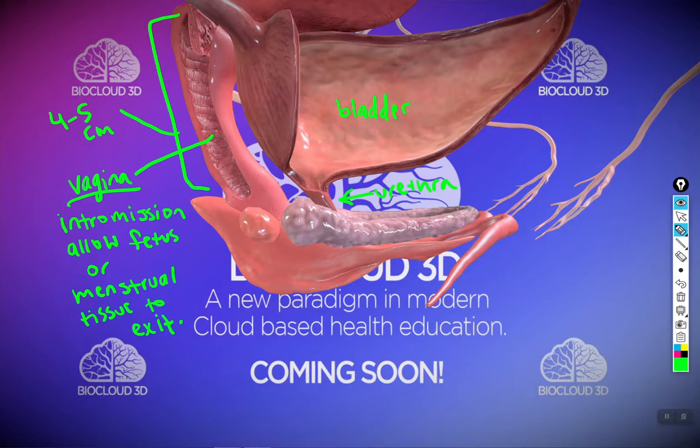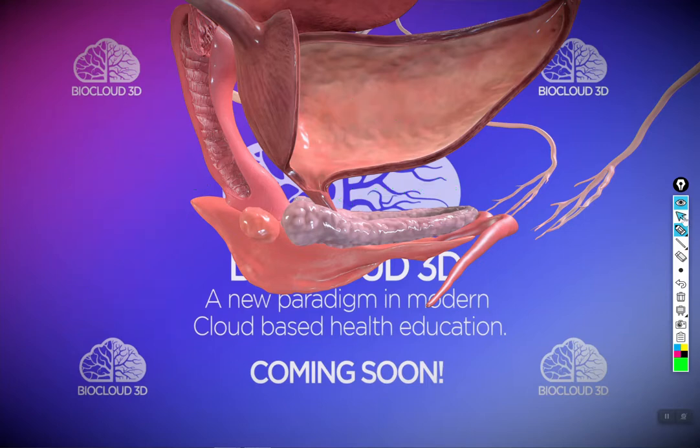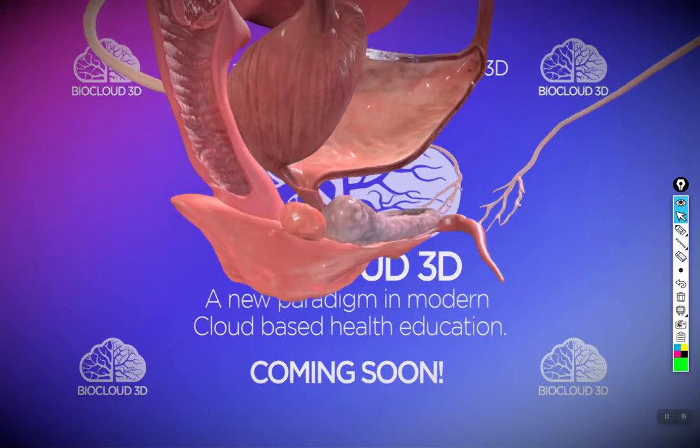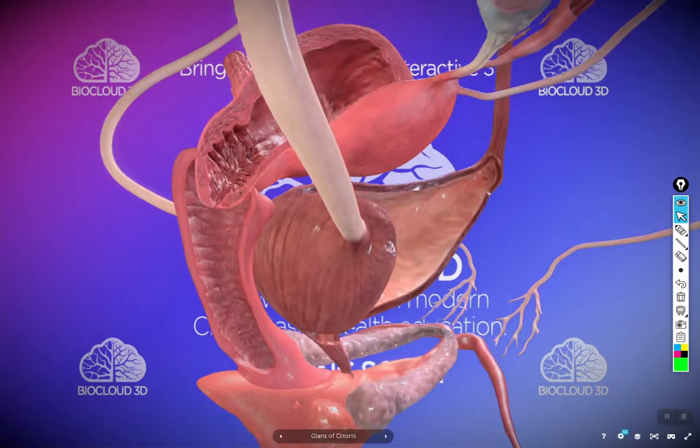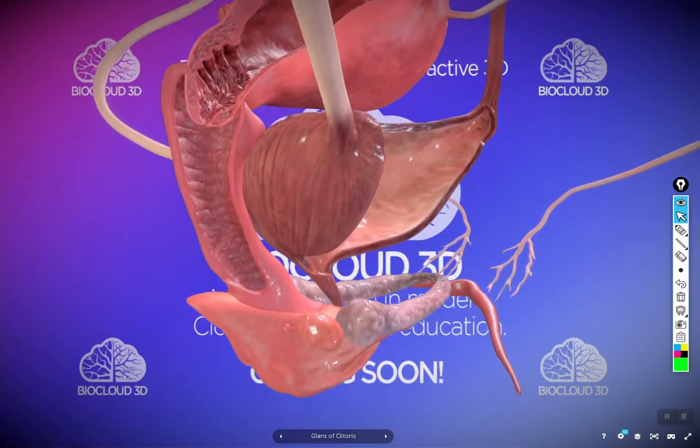So it is able to expand and shift around to accommodate various things, including but not limited to the entire head of a fetus, which, as you might imagine, is quite a bit larger than a vagina, and also a human penis. Okay, so let's zoom in and look at some vagina features, because in spite of it being something that about 50% of humans on Earth have, it's just not a very well understood organ.